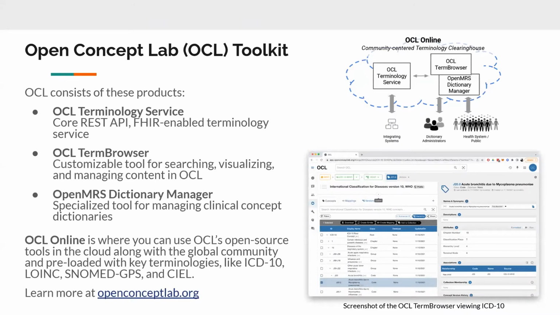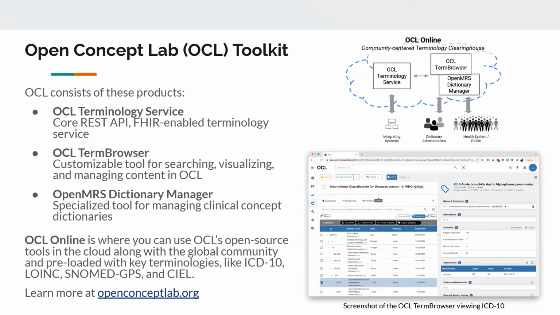So OCL itself consists of a toolkit with a few products. Namely, the terminology service is the backend REST API that is FHIR enabled, and this is what essentially hosts the terminology content itself. It's where you can access it and do specialized queries to get whatever information you're looking for out of it.